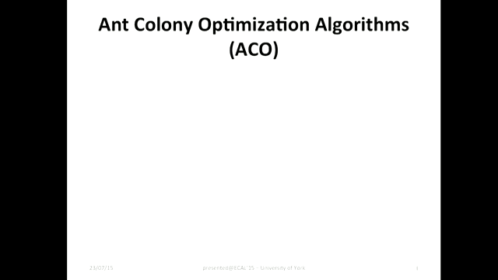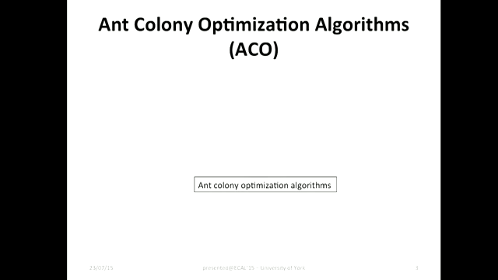First, let's start with a general overview of ant colony optimization algorithms. Those are a family of meta-heuristic optimization algorithms mainly used to solve combinatorial problems, where the problems can be represented using graphs.